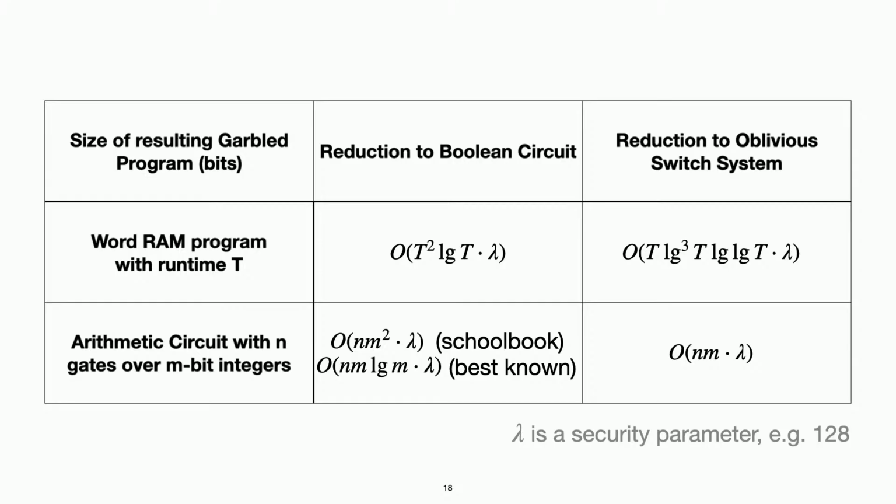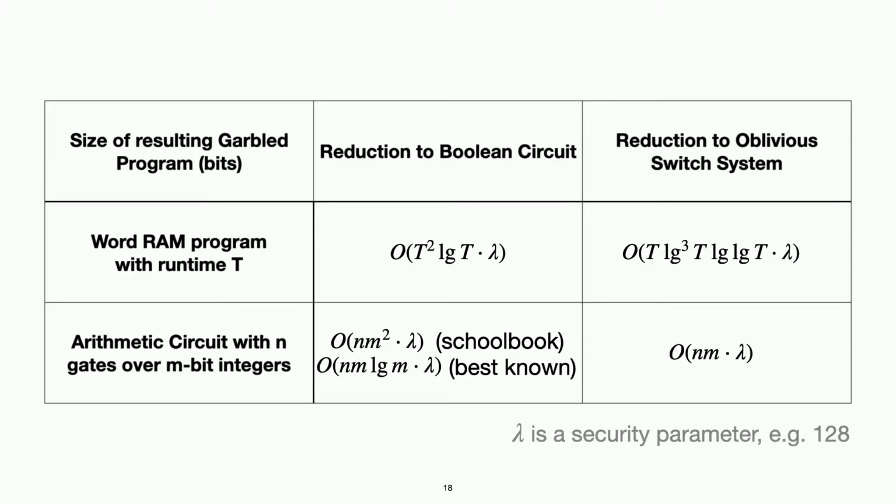Or if you use fancier algorithms, the best known multiplication algorithm is like m log m. Okay? But if you use a switch system, interestingly, you can get a garbled encoding of the arithmetic circuit, which has size only n times m. Okay? So you can do something better than the best known Boolean circuit algorithm for multiplication.